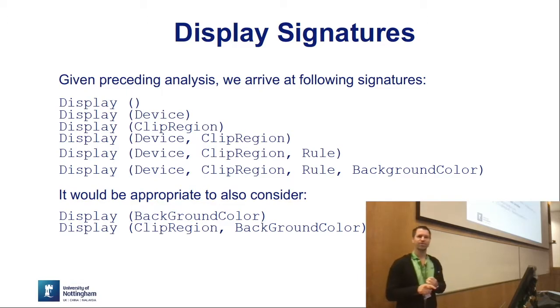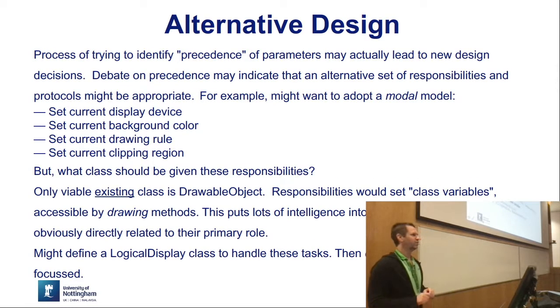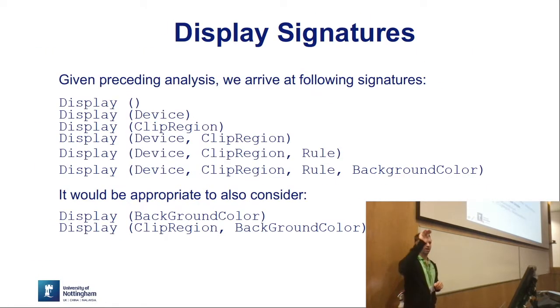It uses all the default values, and then we add other options like the device option, the clip region option, the device and clip region options, and so on. And then here's all 4. If you look at the Java API, you see this kind of thing all the time, right? The same method name, but with different input parameter options. And these are more options that are possible.